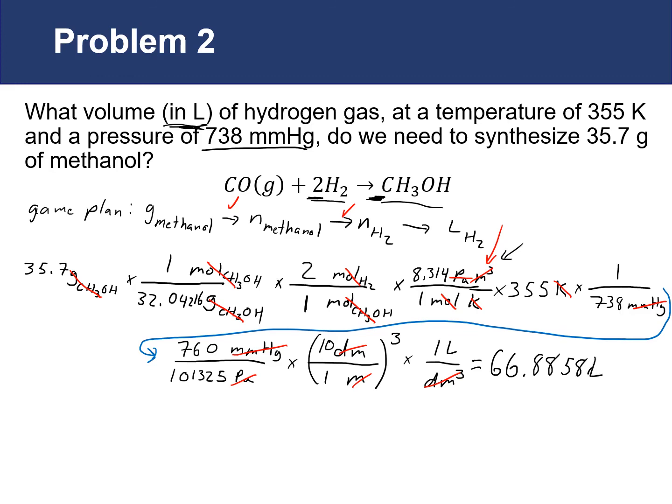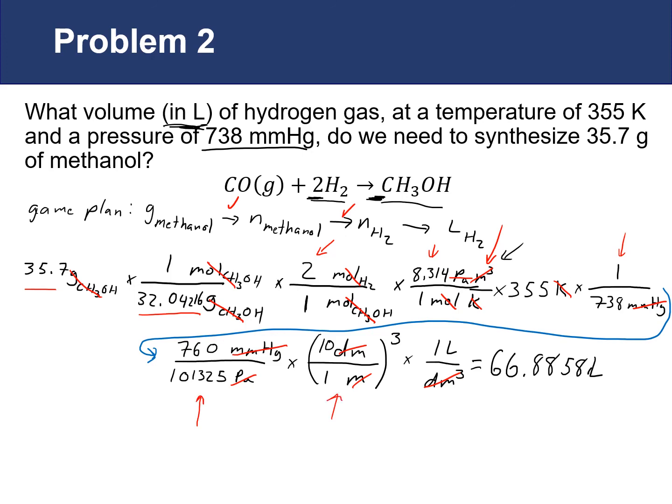liters. In terms of significant figures, our first value has 3. Our molecular weight here has a lot more than 3. Our mole fraction, these are whole numbers, so they don't come into play. Our R value has 4, so we're still left with 3. Our pressure that we were given has 3. This one here is a definition conversion, so is that one.